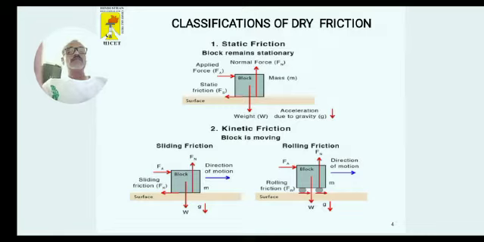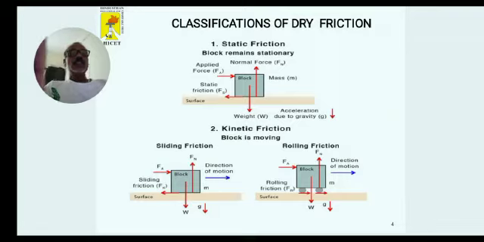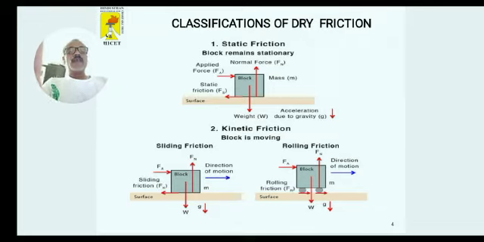Next is kinetic friction, or dynamic friction. Here the block is in moving condition, or motion. It again has two different types. One is sliding friction. The same concept is given here, but now the block is in motion.